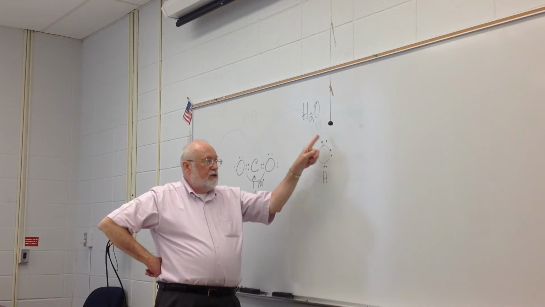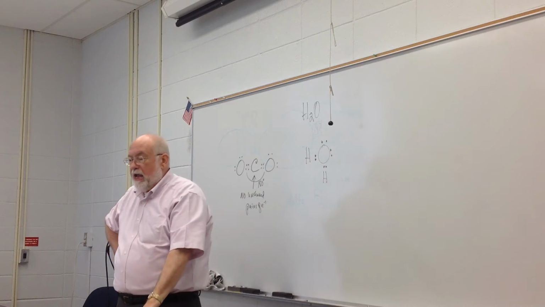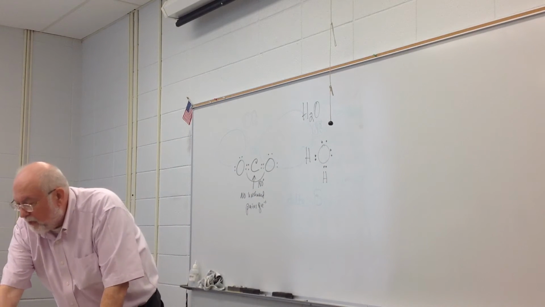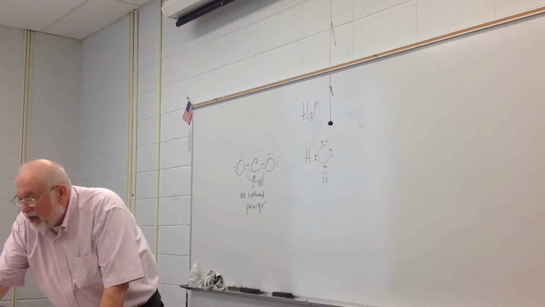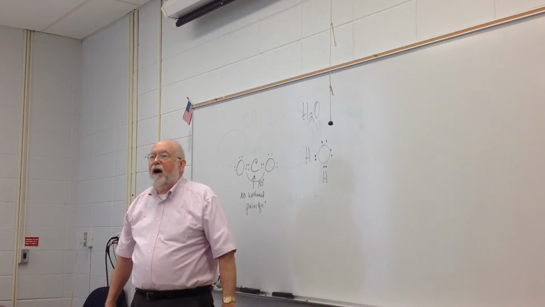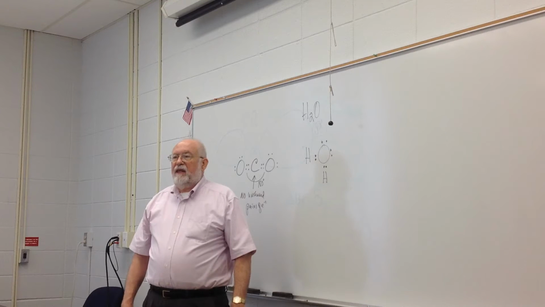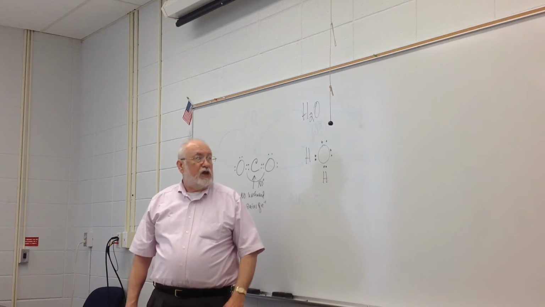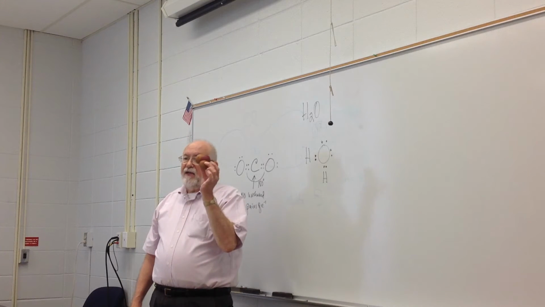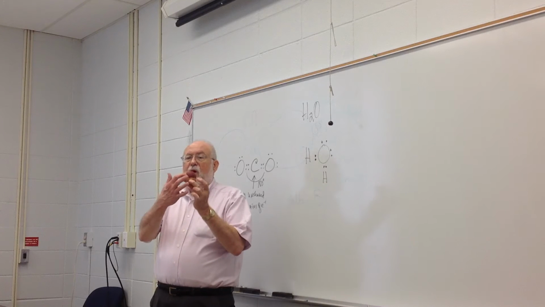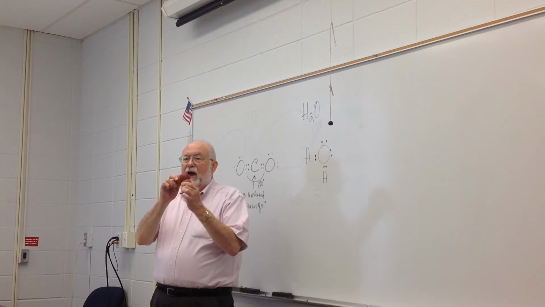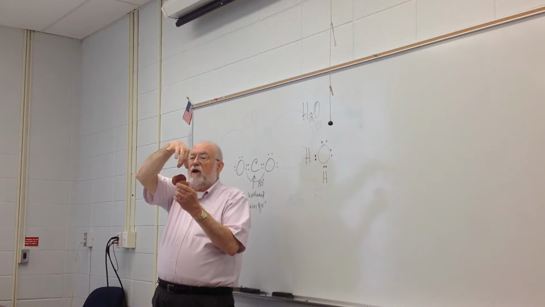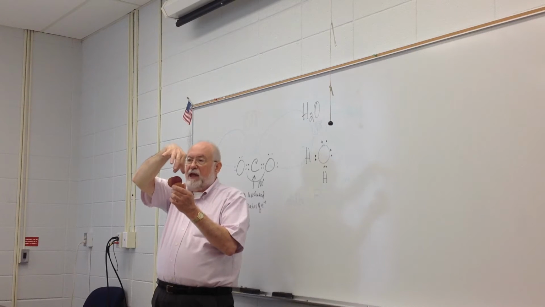There are 2 unshared pairs of electrons right on the central atom. So what does that do to the shape of the molecule? It gives us a bent or nonlinear shaped molecule just like this, where the red ball would be the oxygen and the 2 hydrogens here. The unshared electron pairs are somewhere up here.